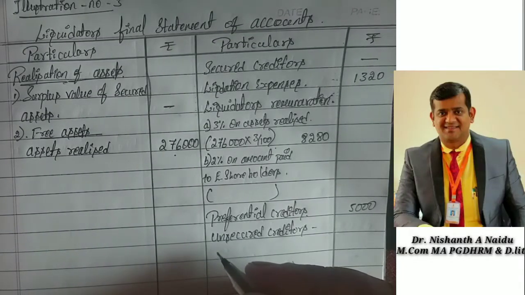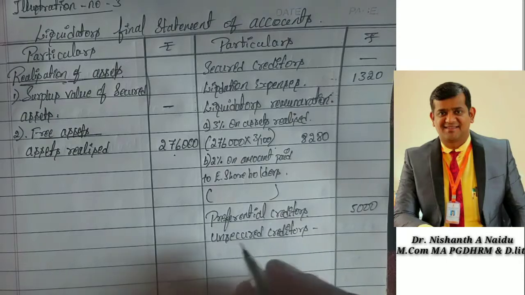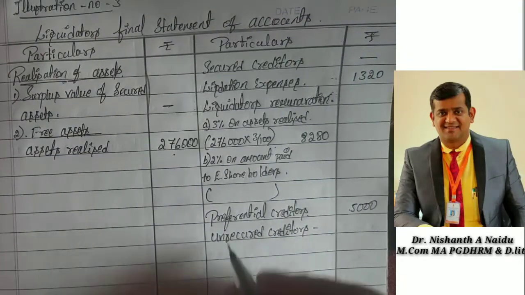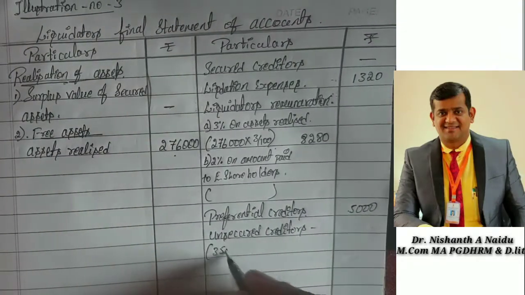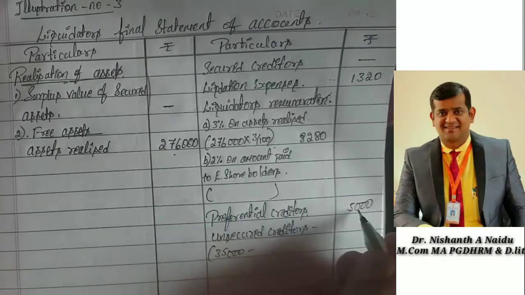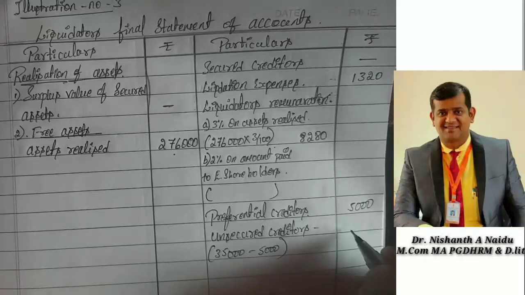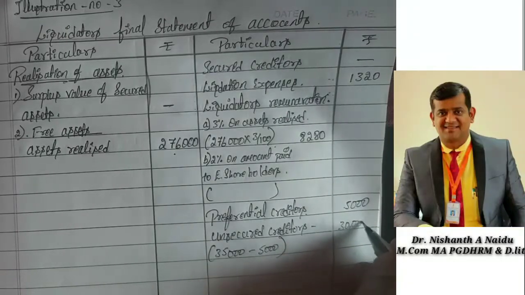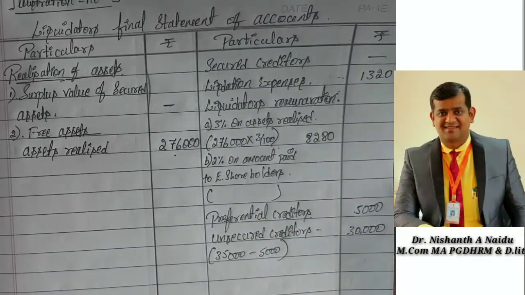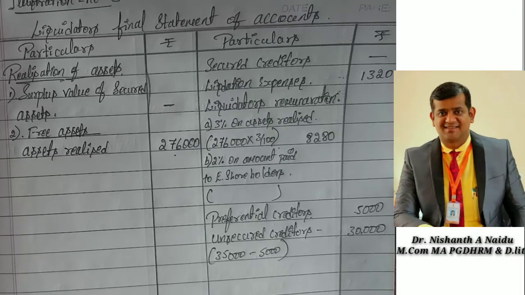Unsecured creditors were 35,000 including 5,000 preferential creditors. So deduct that 5,000 because I have already shown preferential creditors separately. So left out as unsecured creditors. Now I have got unsecured creditors also.